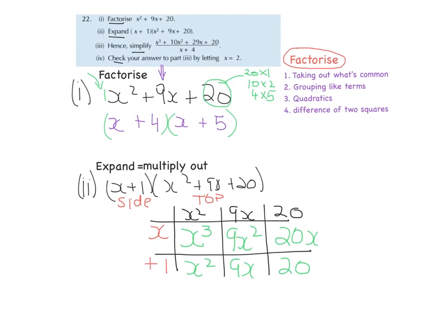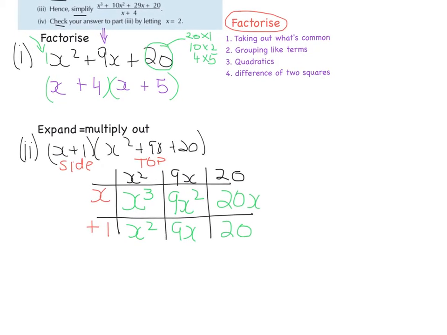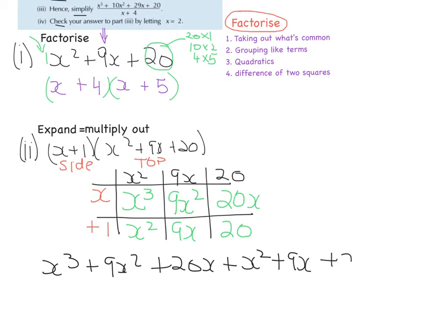So again, I'll just give myself a little bit more room. And I now have what's inside these. So these green terms here, I'm going to add them together. So I'll write them in black. I have x cubed plus 9x squared plus 20x, I'm just going across, plus the second answers I got was these three here, x squared plus 9x plus 20.